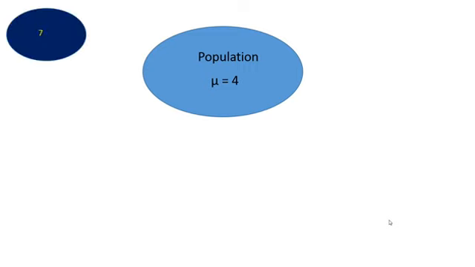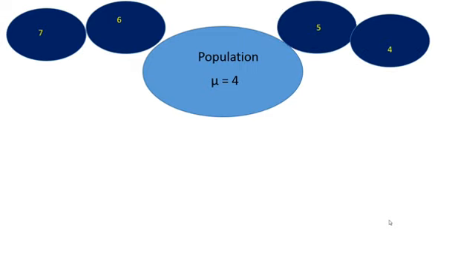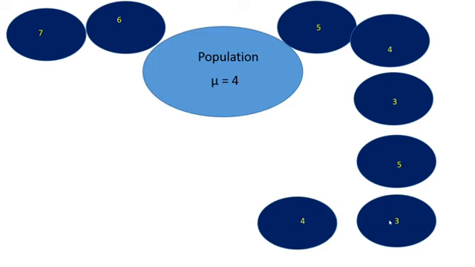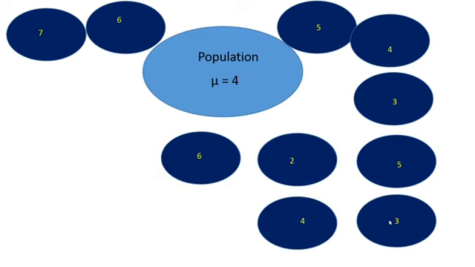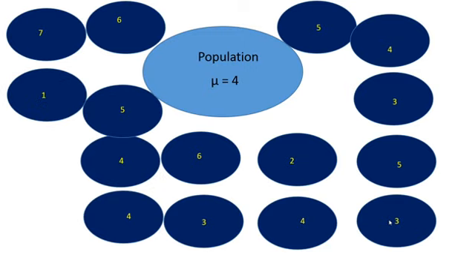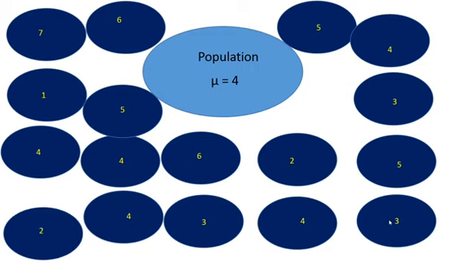The first one has a sample mean of 7, then we have a sample mean of 6, and 5, and 4, 3, 5 again, and 3, and 4, 2, and 6, and 3, and 4, and 4, and 5, and 1, and 4, and finally 2.